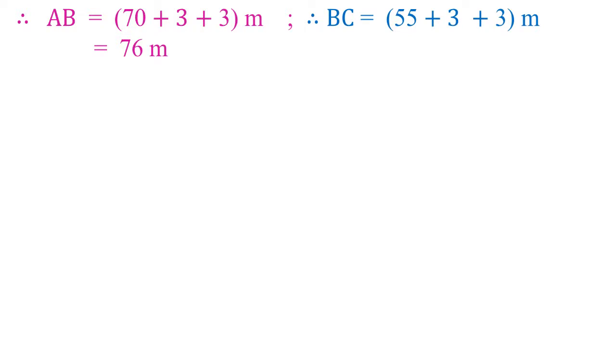Then find outside rectangle breadth, that means garden breadth. Therefore BC equals inside garden breadth 55 meter, path wide 3 meter. Therefore BC equals 55 plus 3 meter. Now we have to add: 55 plus 3 is 58, 58 plus 3 is 61 meter.